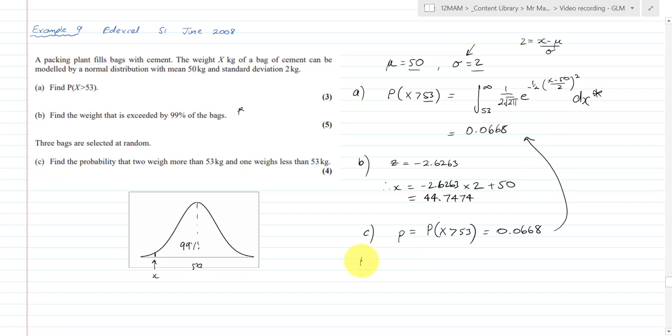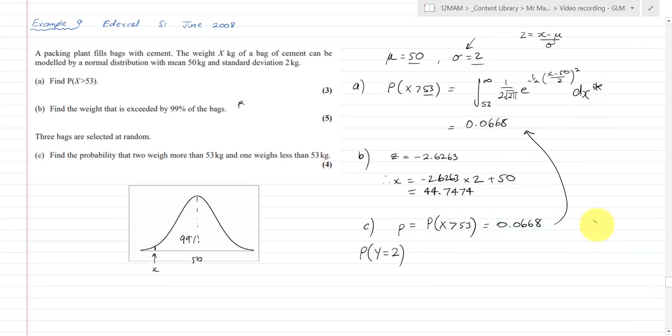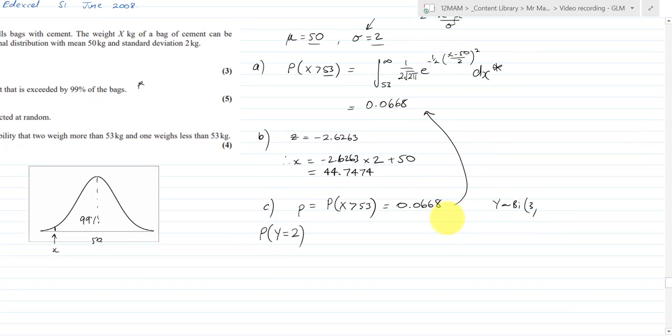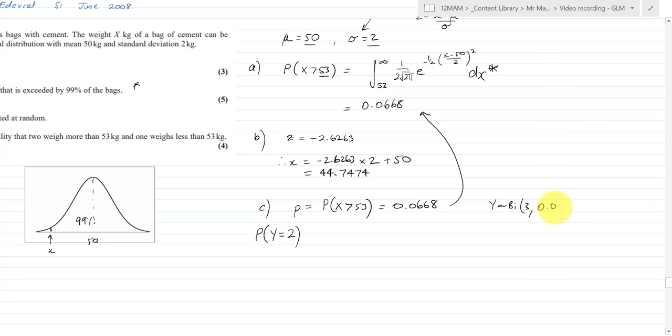And we want the probability that, we'll call it function Y equals 2, and we're going to define over here Y is approximately equal to the binomial distribution, 3 events, probability of success 0.0668 coming from there. This is a bit of a hark back to binomial stuff.